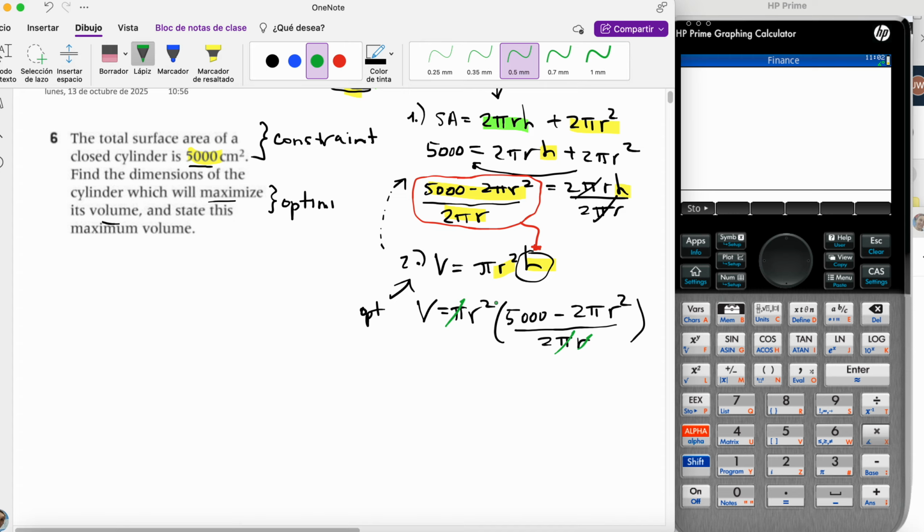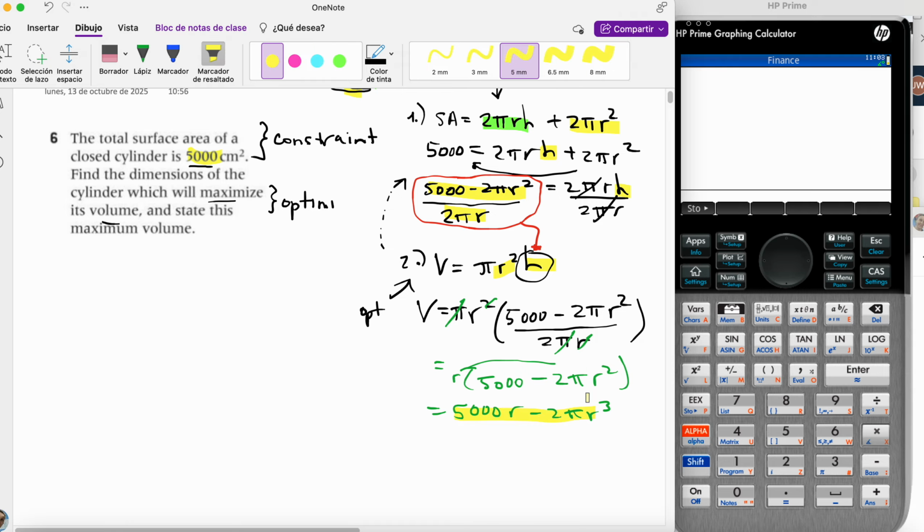We can also cancel one of the r's. And so we will end up with r times 5,000 minus 2 pi r squared. And if you wanted to, you can expand. And this is your now simplified expression for the volume.